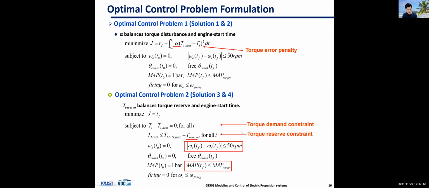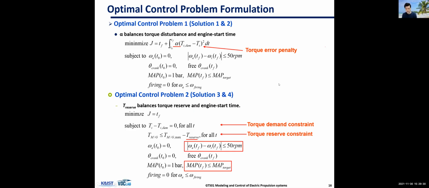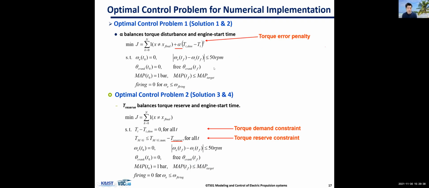And we need to apply these constraints. And this is the actual original optimal control problem we want to solve, but in order to numerically implement this, we had to modify that original problem into a form the computer can understand, right?